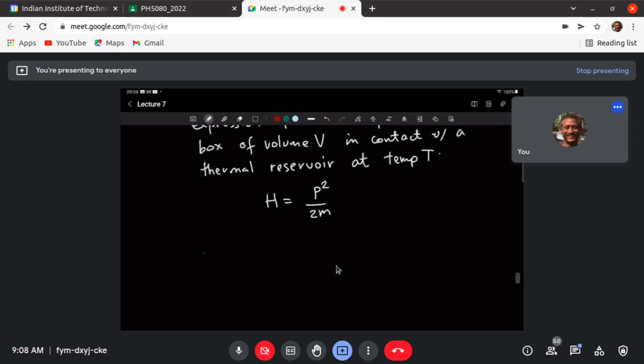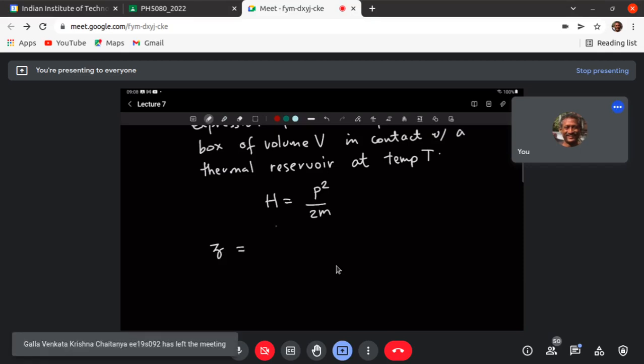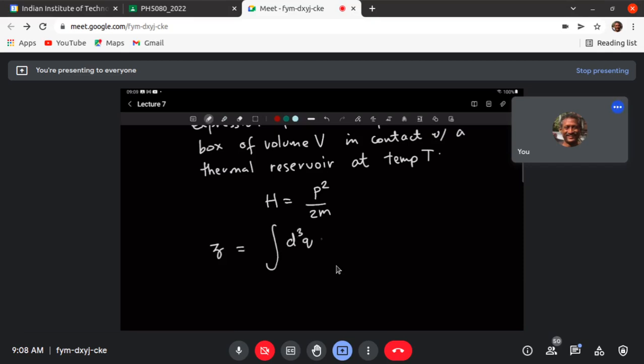So Z, and I'm going to use lowercase z for this problem because I want to use this expression later, will be the integral d cubed q d cubed p divided by h cubed times e to the power minus beta P squared upon 2m. So we have to do these integrals.